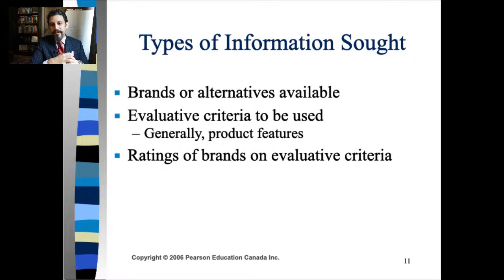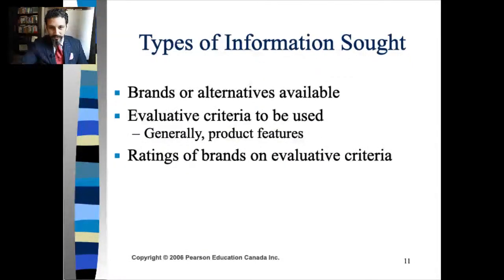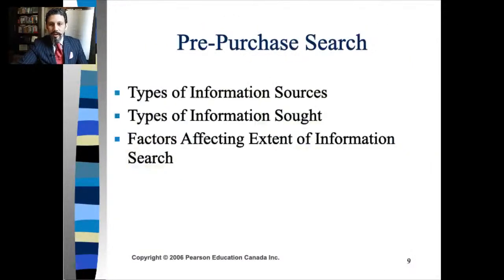Let's take this from a slightly different perspective and look at the example of eating out, right? So you're hungry, you want to eat out. Well, what are the sources of information available?